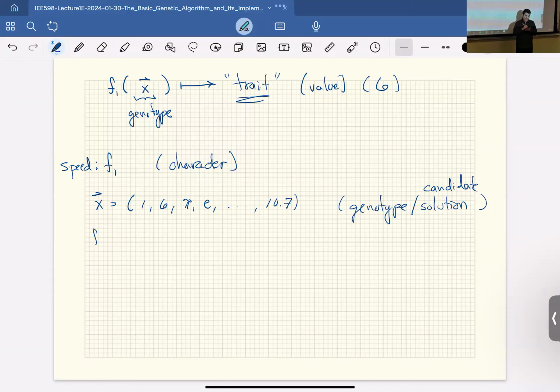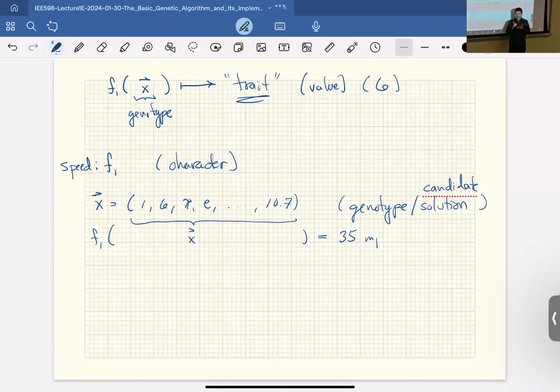Then F evaluated at that particular genotype gives me some value that comes out to, say, 35 miles per hour, and that we're saying is the trait. So a trait is a character value.